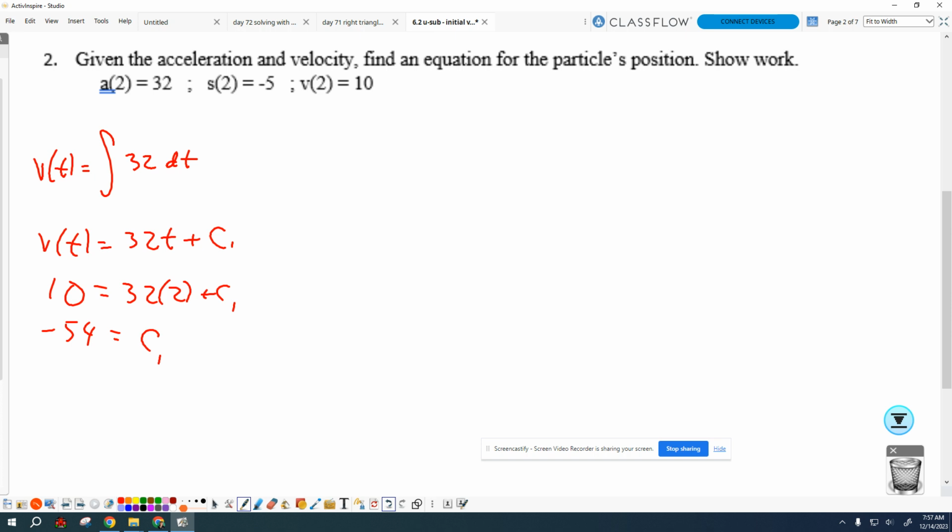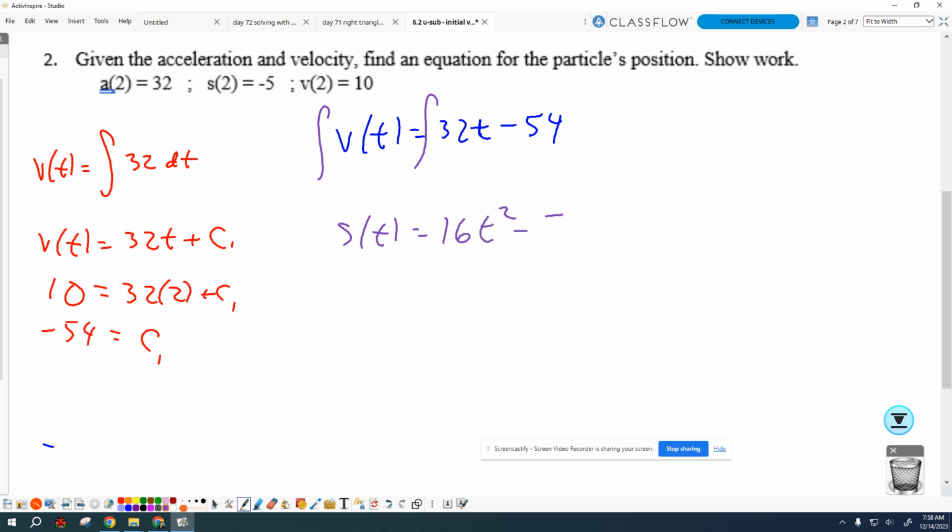So the equation of velocity right now is and Nick, the integral of velocity gives us an equation for what? So the position is and it's telling you position at time 2 is -5.